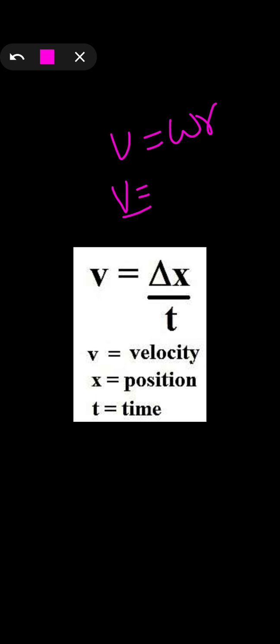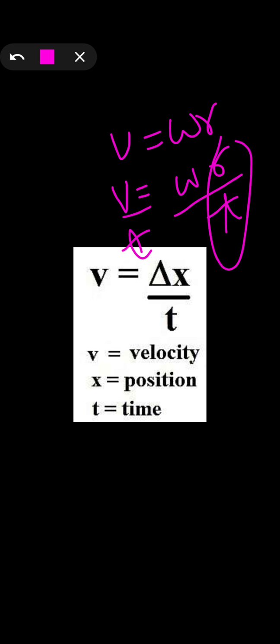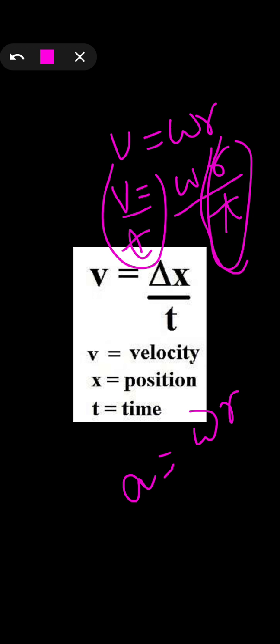If we differentiate with respect to time again, displacement with respect to time will be velocity, and velocity upon time will be acceleration. So it can be written as omega r. Since r by t is omega, there are two omegas, but r is independent of time, so it will be omega squared r.